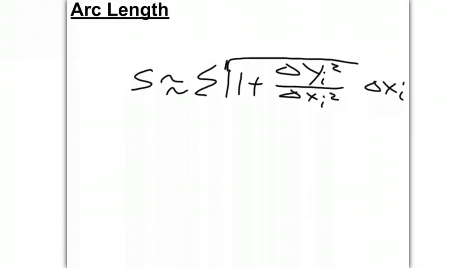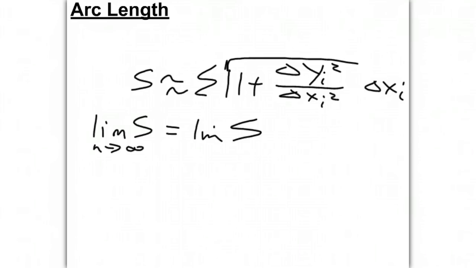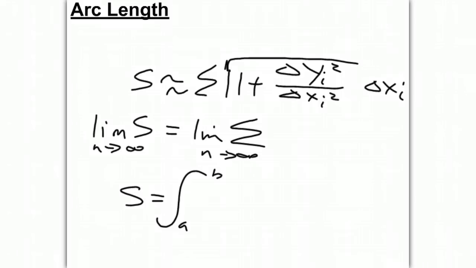In fact, if we take the limit of s as n approaches infinity, that is, we take the limit of the sum as n approaches infinity for i equals 1 to n, remember, my s is going to be the integral from the beginning to the end of the arc.